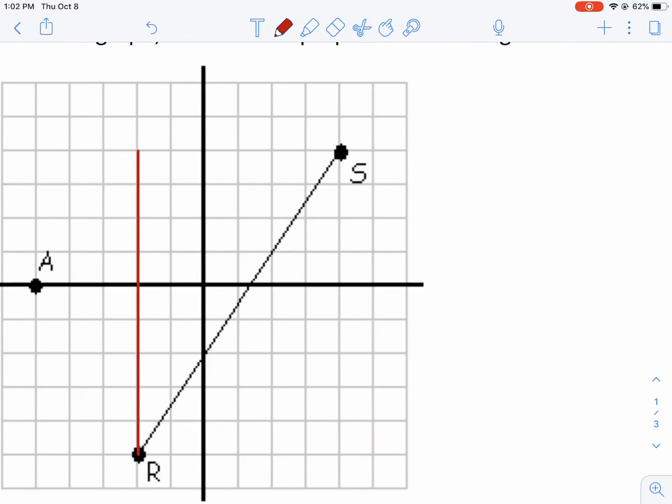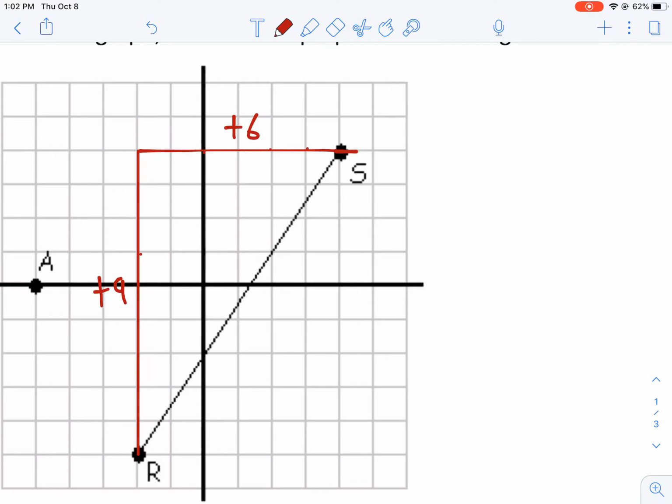So I'm going to do my rise over run here, and I'm going to count the slope. So I'm up 1, 2, 3, 4, 5, 6, 7, 8, 9. So I'm up plus 9, and I'm not going down at all, sorry. I'm over 1, 2, 3, 4, 5, 6. I'm over 6.